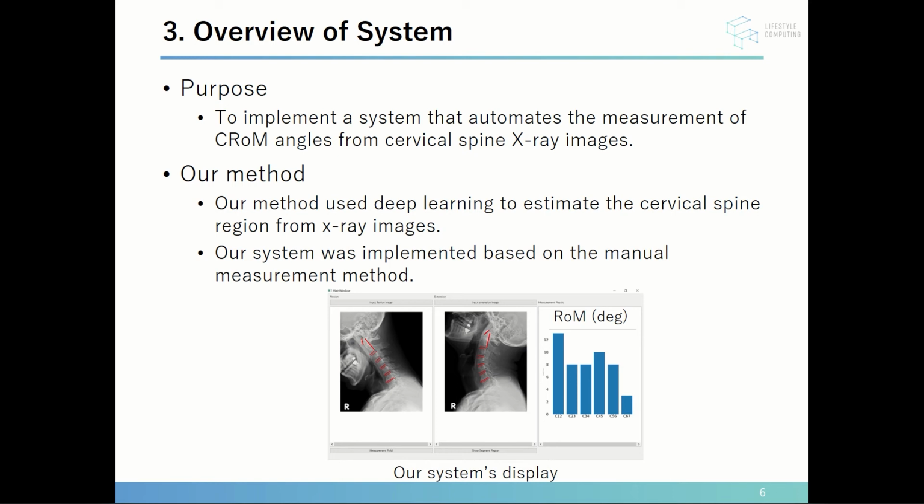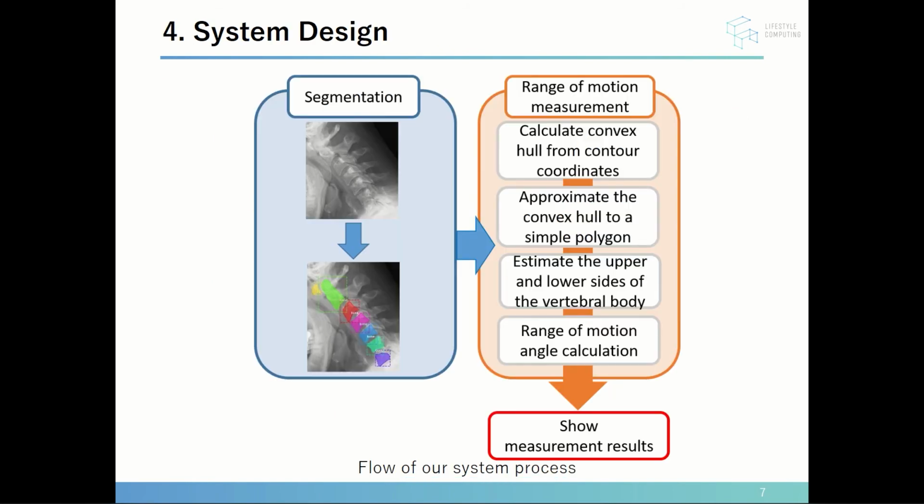Our method used deep learning to estimate the cervical spine regions from X-ray images, and our system was implemented based on the manual measurement method. Our proposed system has 2 processes, segmentation and CROM measurement. The following sections explain each of them in detail.